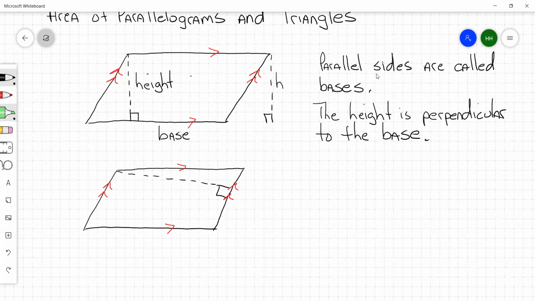See, this dimension now is perpendicular to the right side of this shape. That makes this a base, and it makes this perpendicular to the base, the height. Everybody see that? Base perpendicular to the height. Base perpendicular to the height.